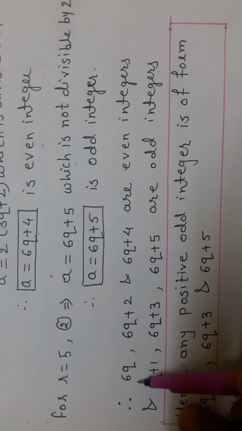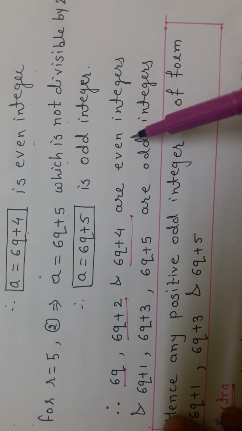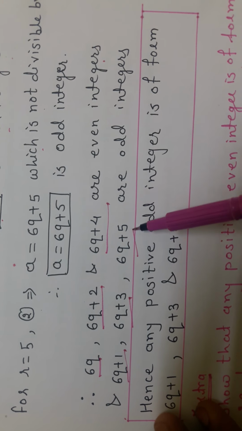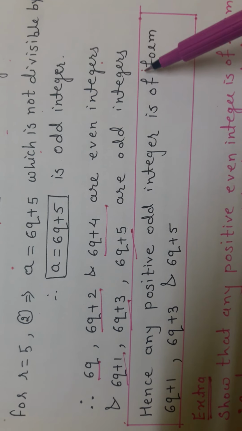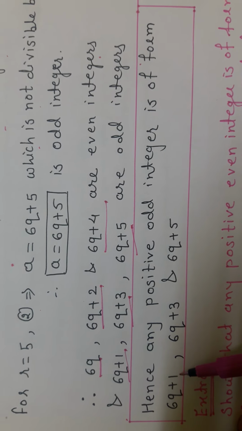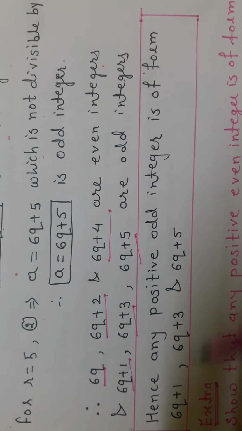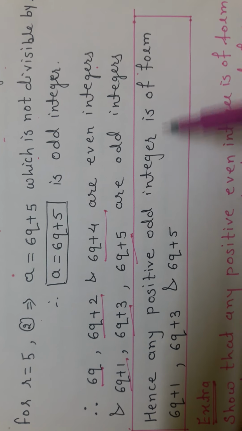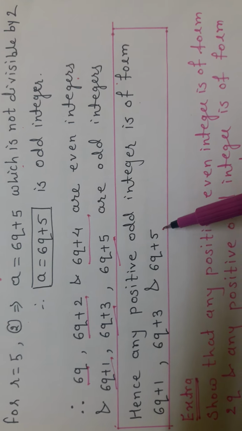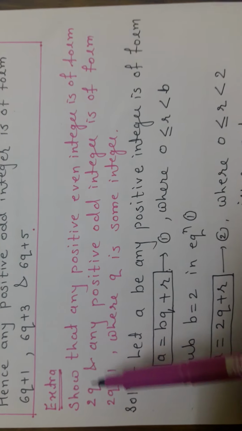Therefore, we find 6q plus 2 and 6q plus 4 are even integers, and 6q plus 1, 6q plus 3, 6q plus 5 are odd integers. Hence, any positive odd integer is of the form 6q plus 1, 6q plus 3 and 6q plus 5. An extra problem we will see on the same topic.